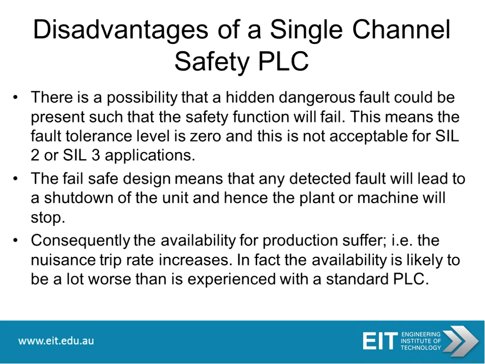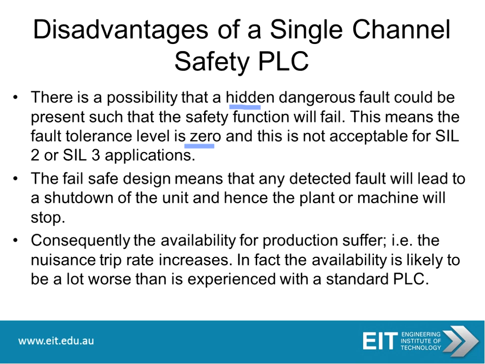Looking at redundant architectures for high reliability. So what's the disadvantage of a single channel safety PLC? If you have a hidden dangerous fault, it could be present such that your safety function will fail. So your fault tolerance becomes 0, and it's not acceptable for SIL 2 or 3 applications.